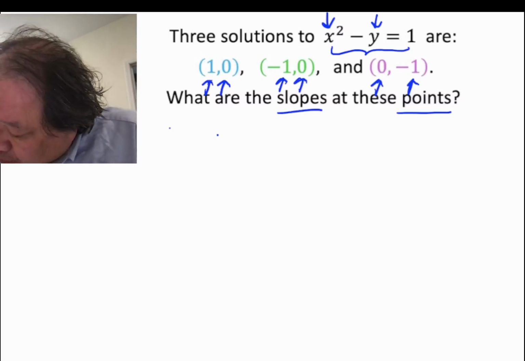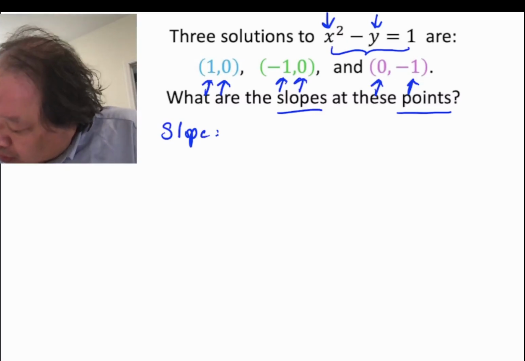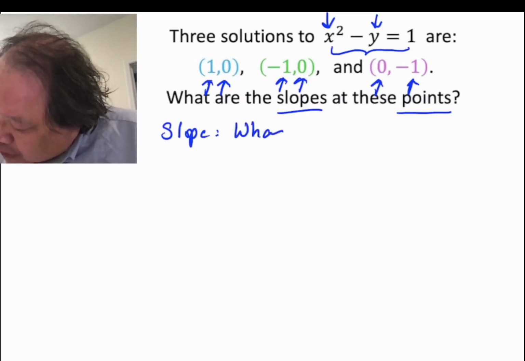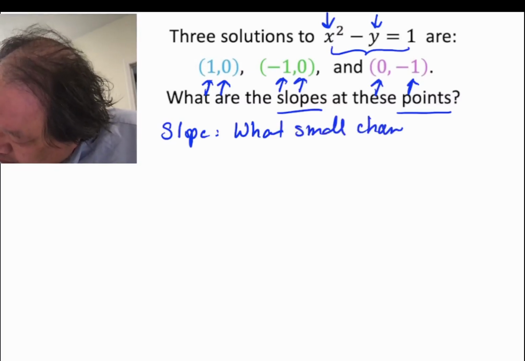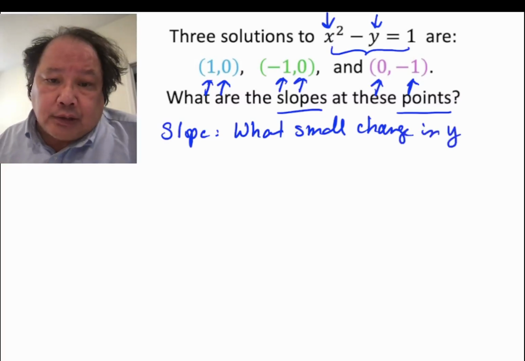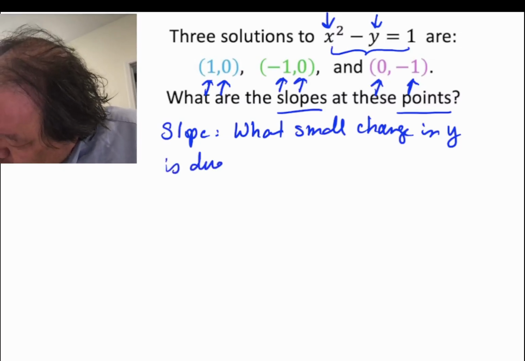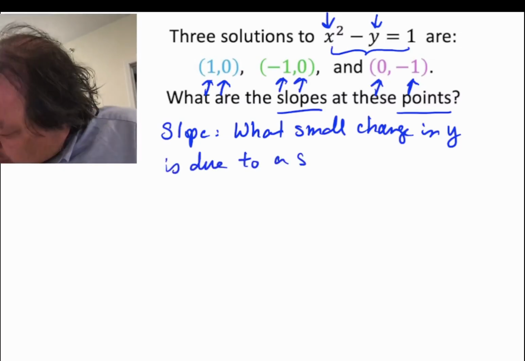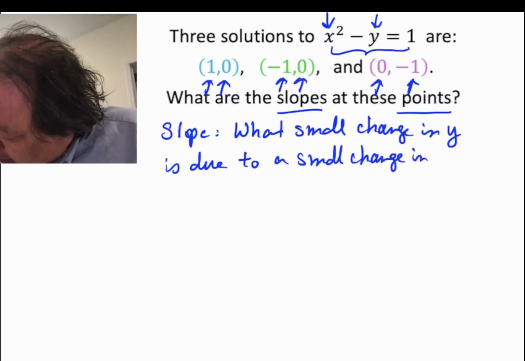So by slope, what we're interested in is what small change in y is due to a small change in x.